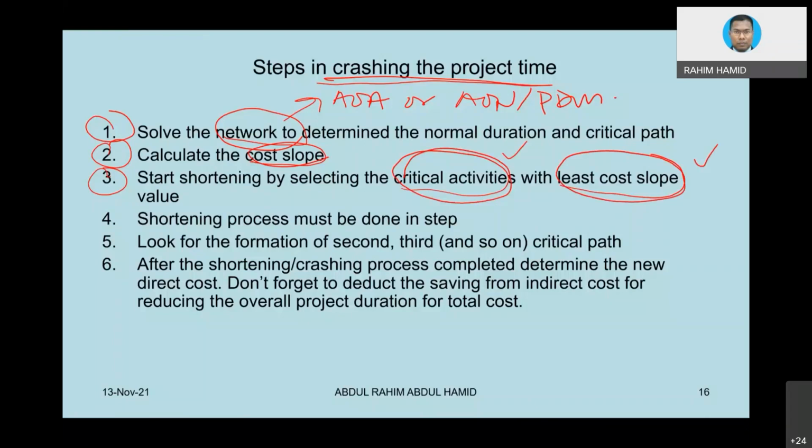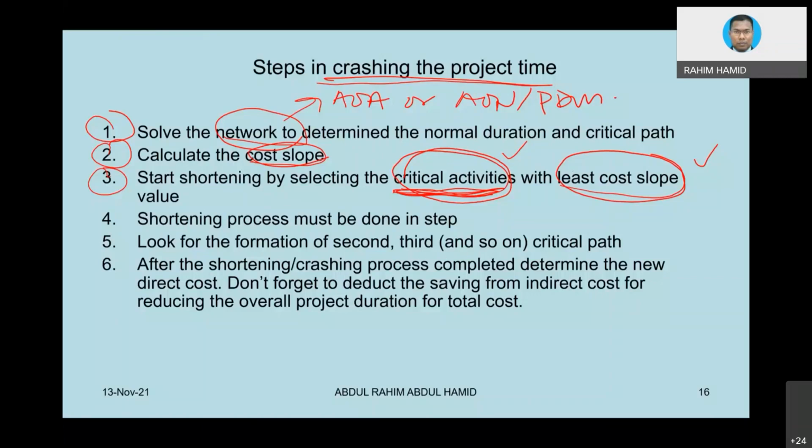So if you want to crash the project, first thing first, you must focus on critical activity. Why? Only critical activity will have a direct impact on the overall project duration, because your objective is to reduce the overall project duration, isn't it? So that should be the idea.